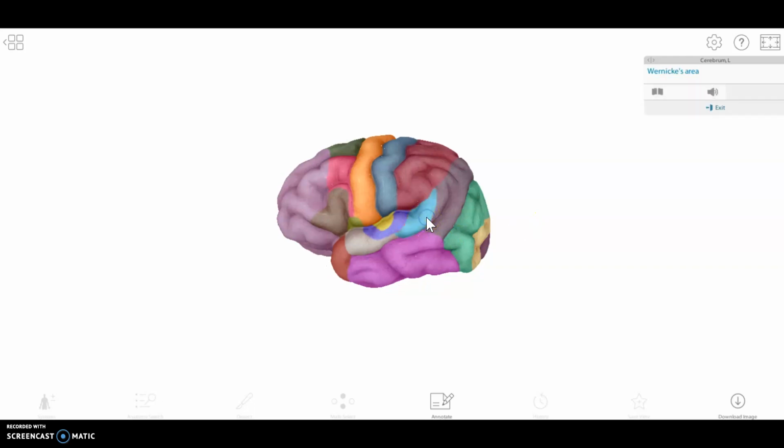This is responsible for understanding speech. So if you damage Wernicke's area, you don't understand what people are saying to you. You can form words though, because Broca's area is still intact. But this area is responsible for you being able to understand written and spoken language.